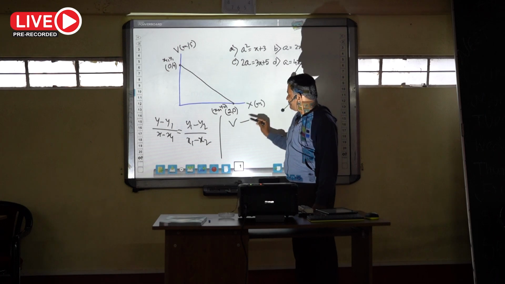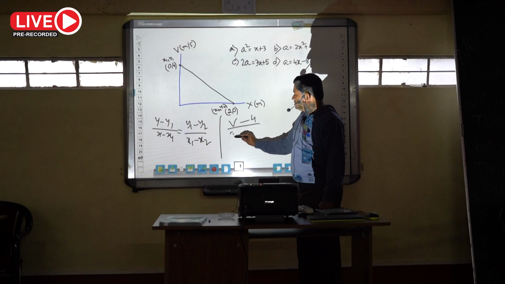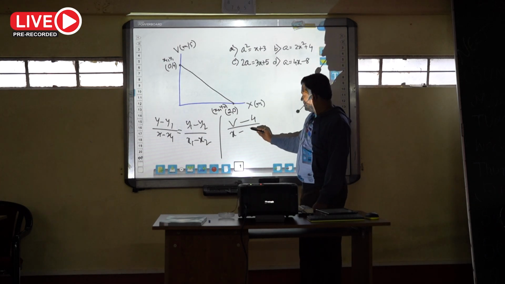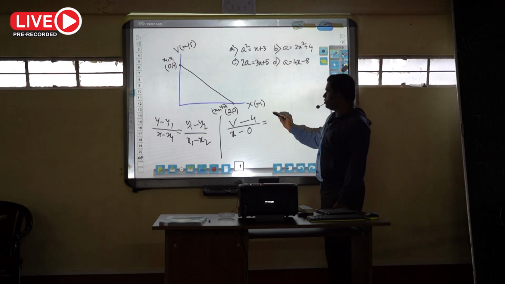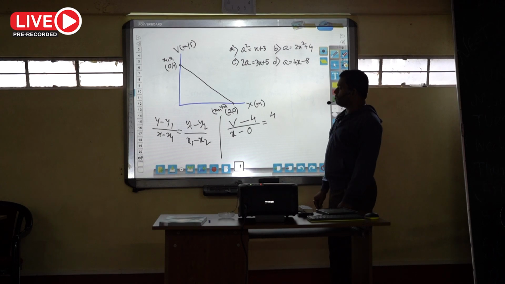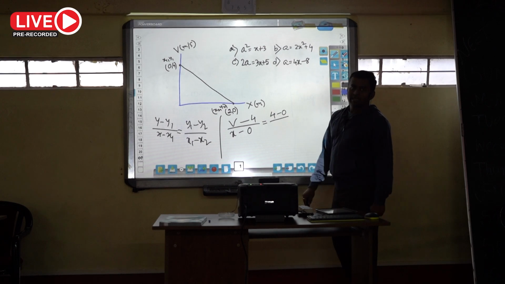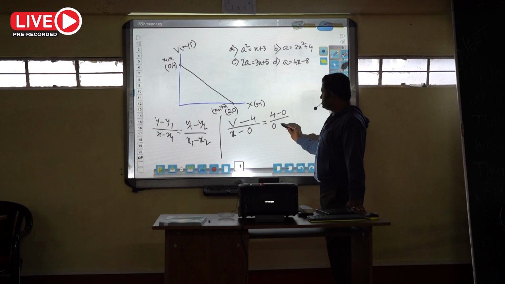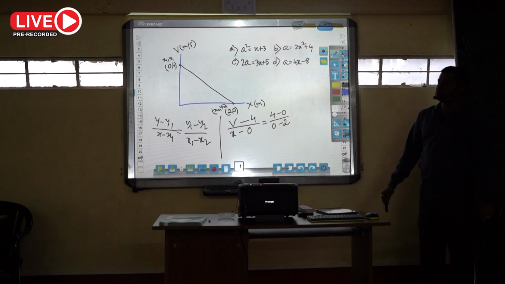Y1, what is y1? 4 divided by x minus x1. So x minus, what is x1? 0, equal to y1 means 4 minus y2. Y2 is 0 by x1 minus x2. x1 is 0, x2 is 2. So from this we get the equation of the straight line v versus x.